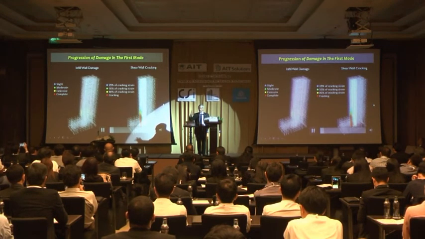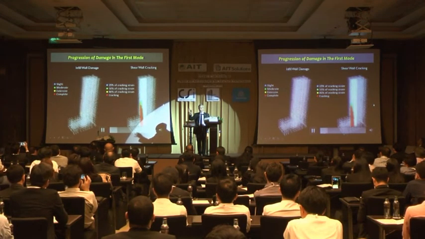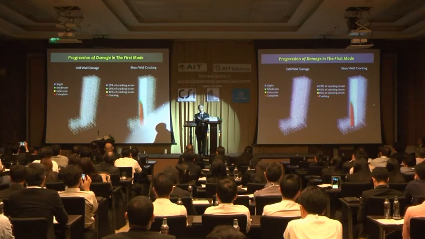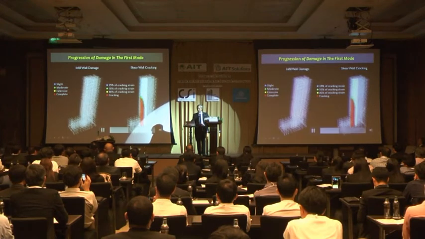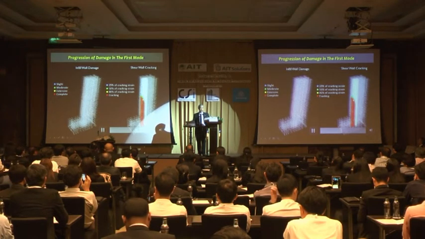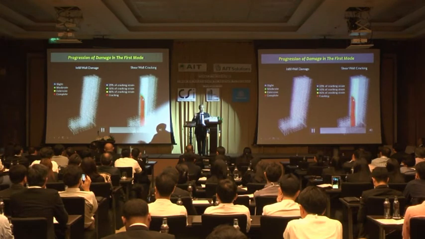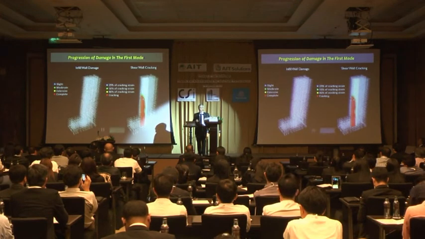If we look at the shear wall, the concrete wall, the damage will be more like bending of the wall, creating more cracks on the tension side. So we can see this impact very clearly when we have a 3D model.